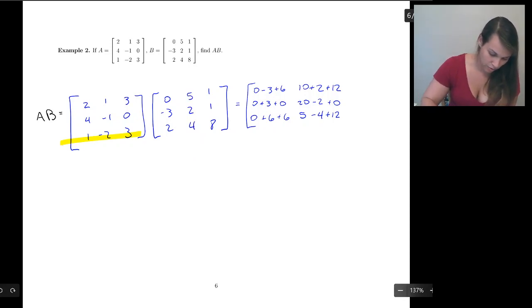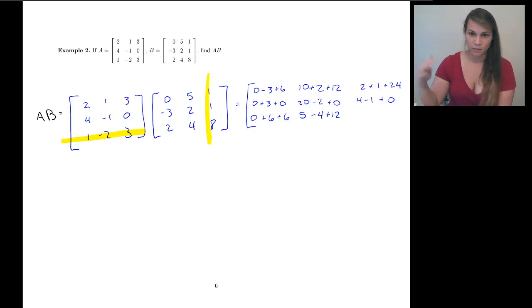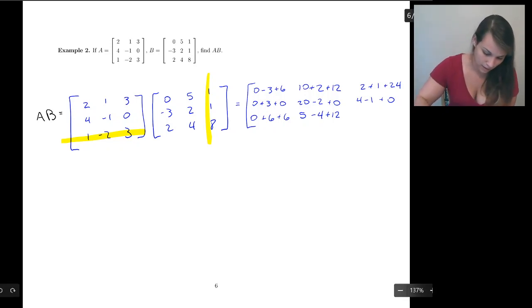Let's do column 3. We need the third column of B, and the top one is going to come from the top row of A. So then 2, 1, 24. Then we move down a row in A. So 4 minus 1 plus 0. And then down one more row. Now we are in the last column and the last row, and that gives us the last entry.